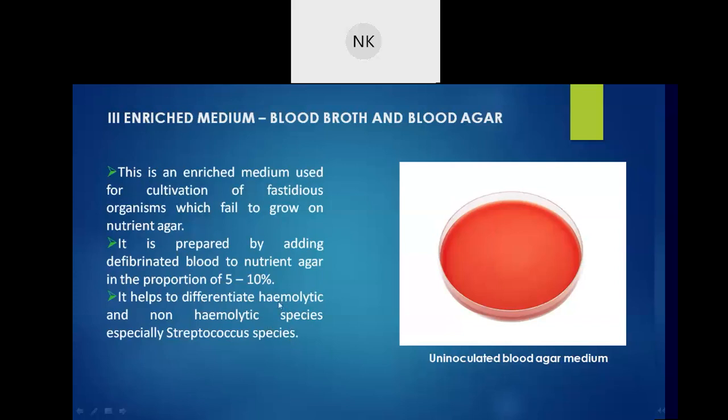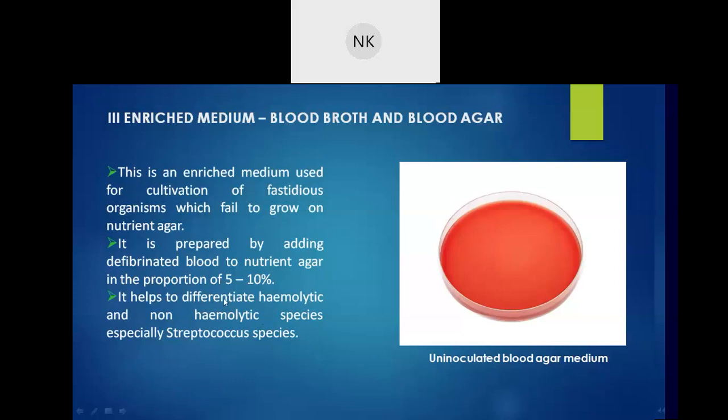One of the toxins is hemolysin. Hemolysin lyses the RBC cells by releasing the hemoglobin. They act on the RBC cells, that is, they lyse the RBC cells. That is how we are able to differentiate.